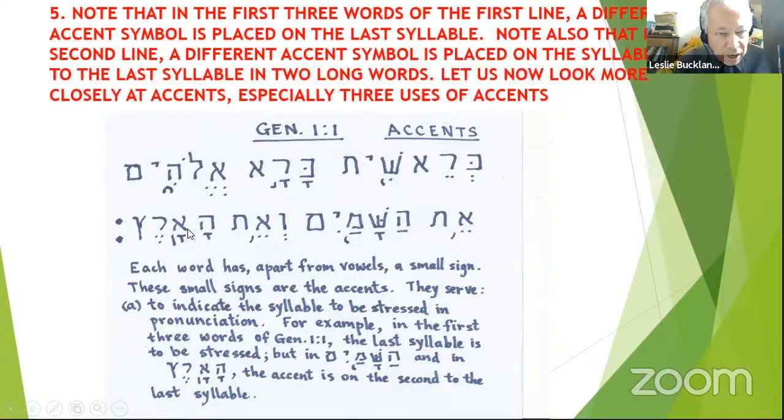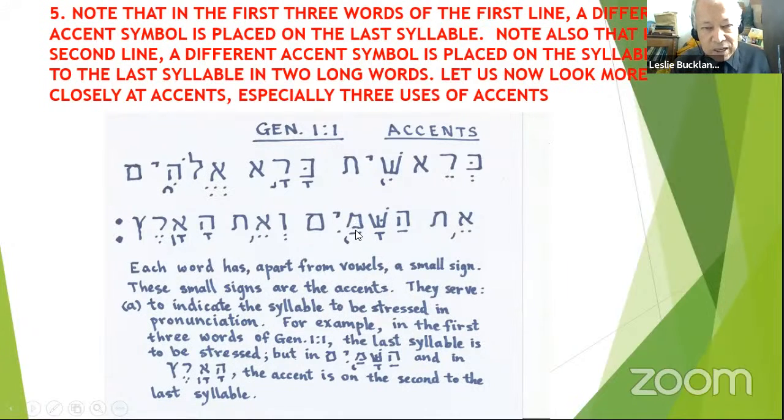Here's another word, haaretz. Haaretz. Ha is 1 syllable, a is the second, res is the third, a 3-syllable word. Now in each of these 2 long words, there is an accent mark on the syllable that is immediately before the last syllable.